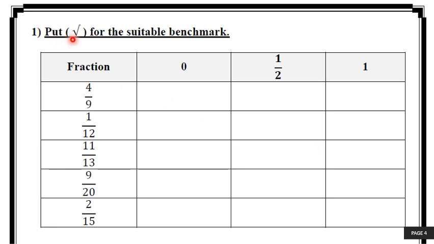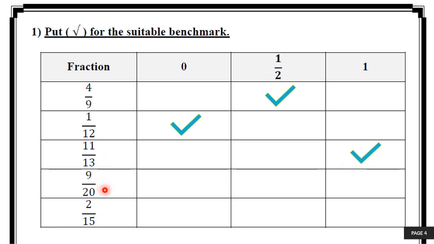Put right for the suitable benchmark. Here we have the fraction, and here if the fraction is close to 0, and here if the fraction is close to half and close to 1. 4/9, it is close to half. 1/12, it is close to 0. 11/13, this is close to 1.